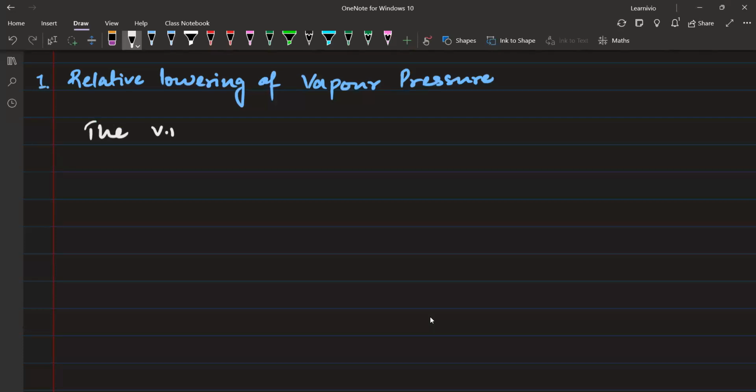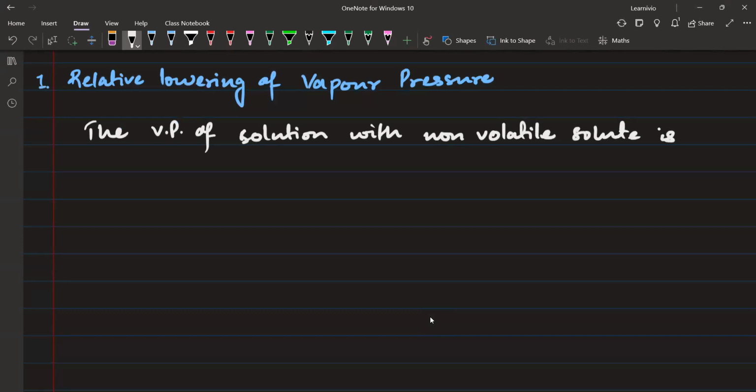The vapor pressure of a solution with a non-volatile solute is directly proportional to the mole fraction of solvent.